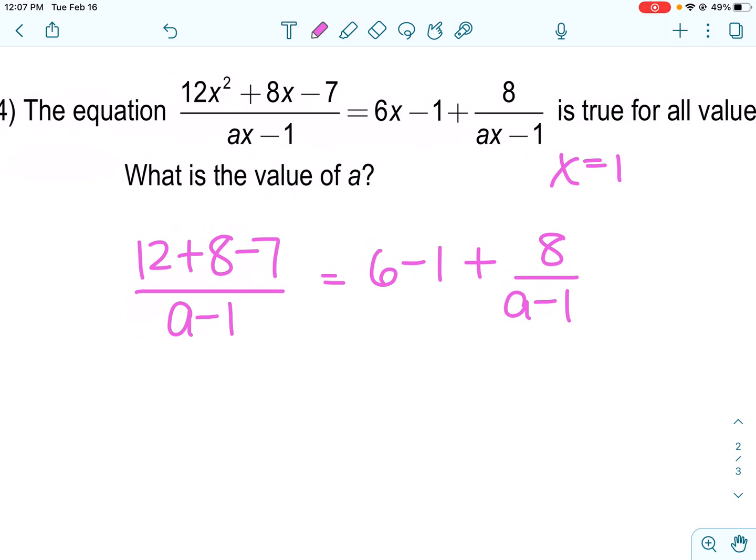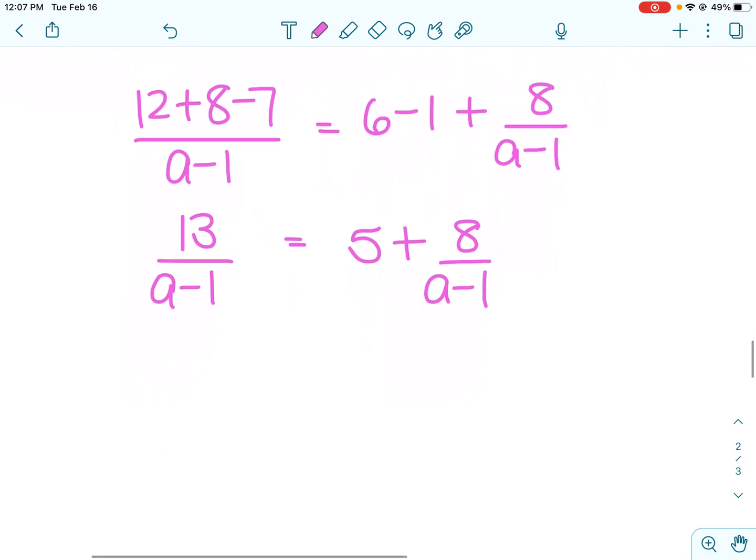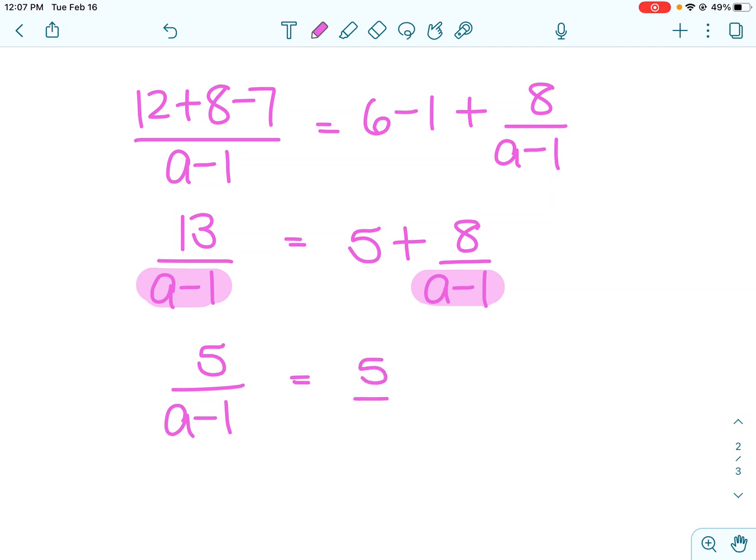It's going to be 13 over a minus 1 equals 5 plus 8 over a minus 1. Since these have the same denominator, I can combine them. 13 minus 8 is 5 over a minus 1 equals 5.